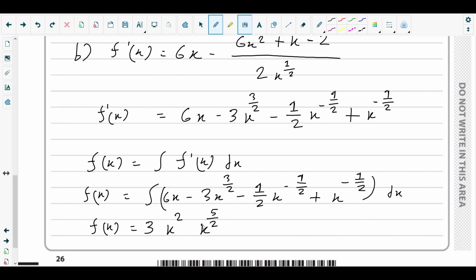So negative 3 over 5 over 2 is negative 6 over 5. Then x to the power negative half, plus 1, that is x to the power half. So negative half over half would give you negative x to the power half.